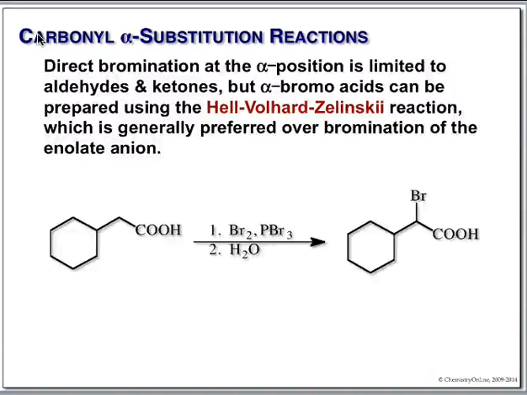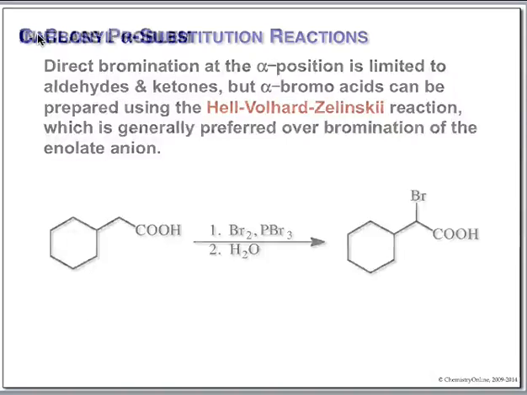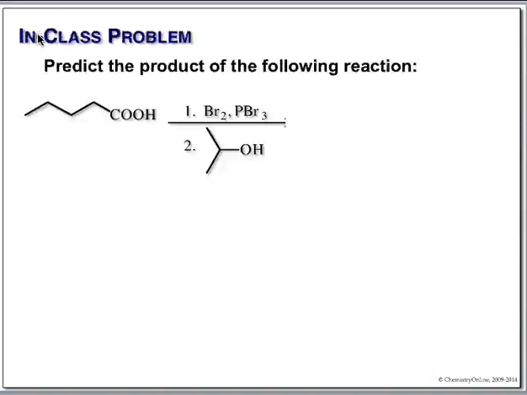But remember back in chapter 20, we talked about the Hell-Volhard-Zelinsky reaction, which does the same thing. Let's just review that by looking at this reaction, and very quickly look at the conditions. Step 1, bromine, PBr3. Step 2, 2-propanol. Predict the product.